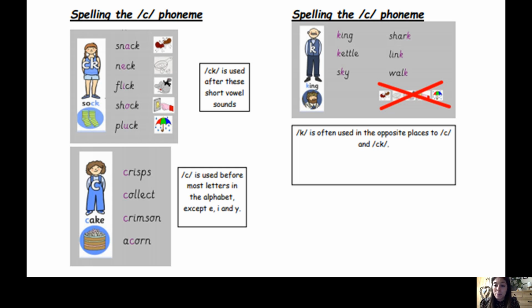The other two family members can be used to begin words, but they can also be used in the middle of words as well. So Big Sister CK will never be at the beginning of a word, but the other two could be. So let's remind ourselves about them. Toddler C, she's the youngest family member.